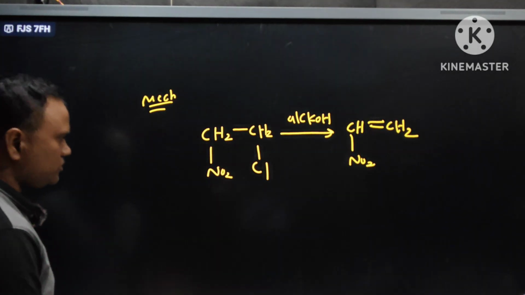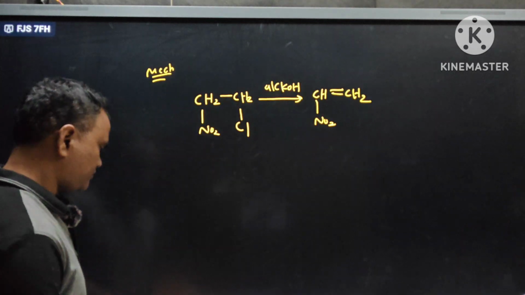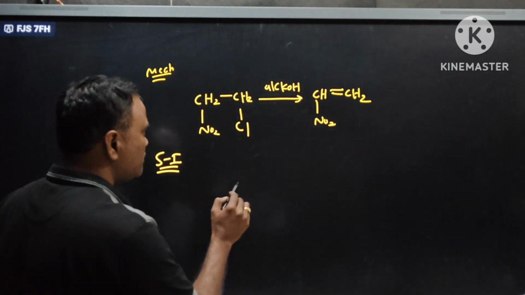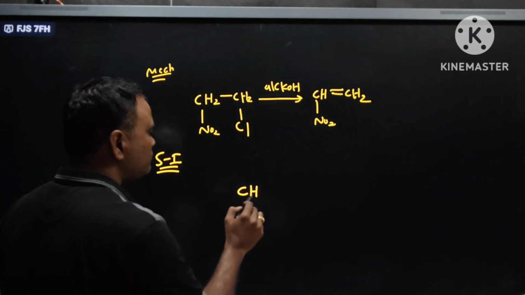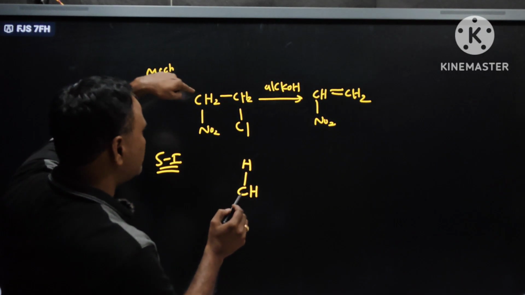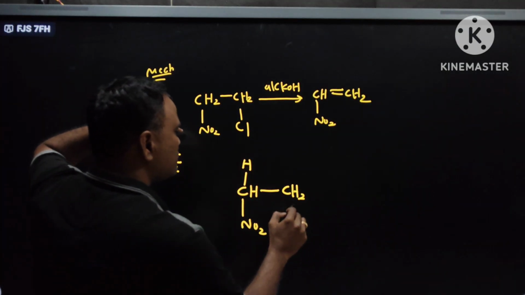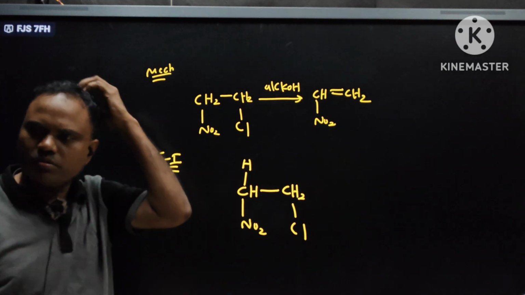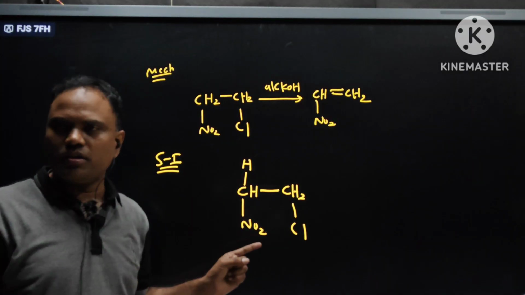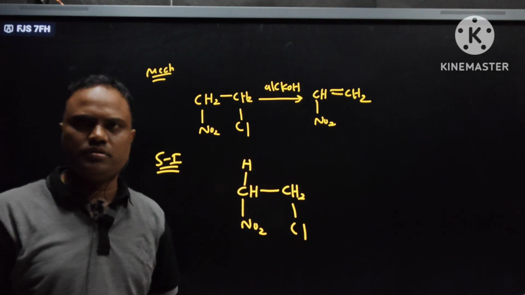Okay, see the stepwise mechanism. First step. I am writing one hydrogen separately on this carbon. This is NO2, CH2, CH2Cl. Online students, CH2 is there, right? I am writing one hydrogen up. Can I write like that? Yes.